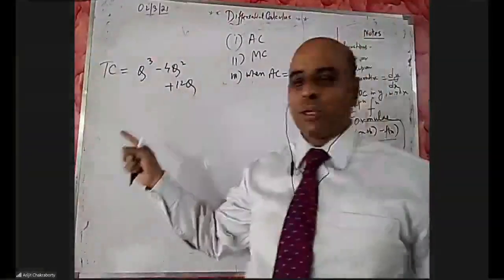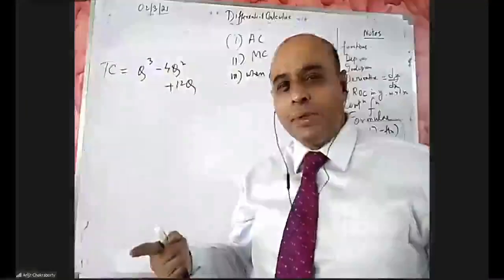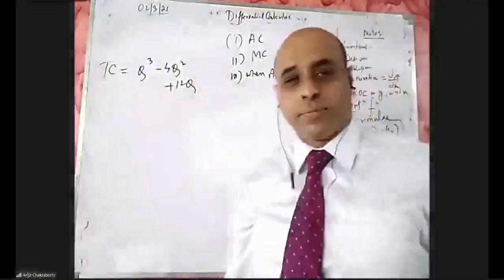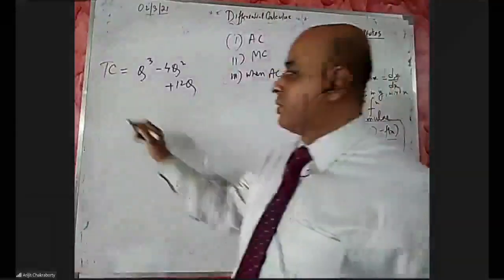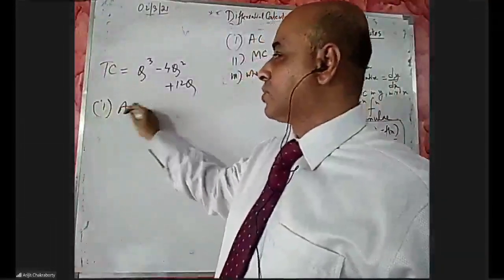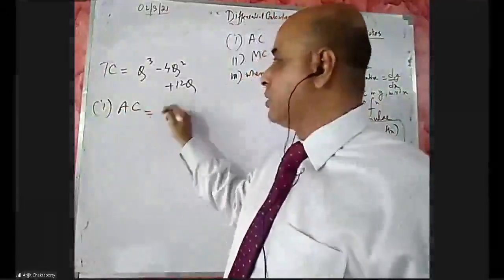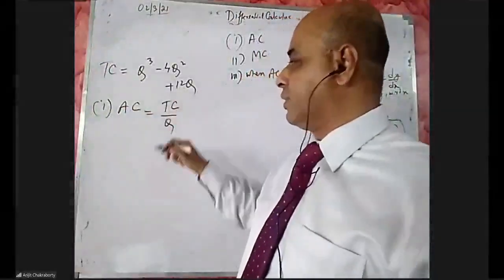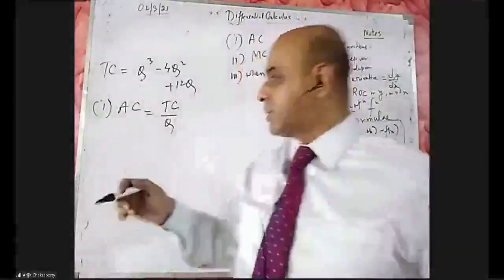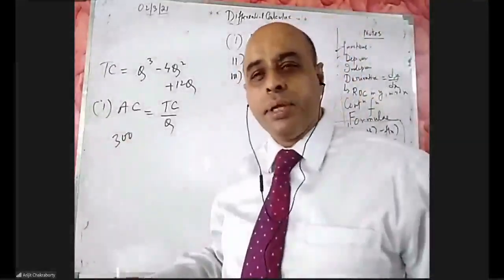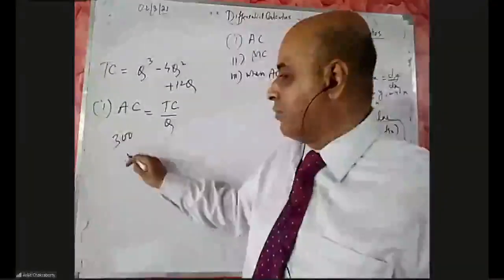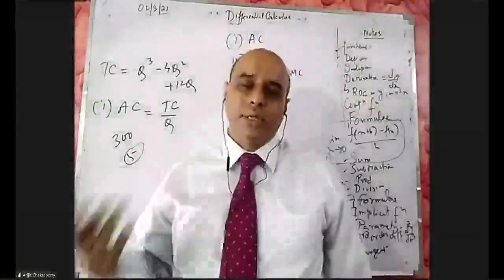So I have the total cost equation Q cube minus 4Q square plus 12Q. First, I will try to find the average cost. Number 1, average cost, AC, is equal to total cost by quantity. If my total cost is 300 rupees and I am producing 5 units, what is my average cost? 60 rupees.